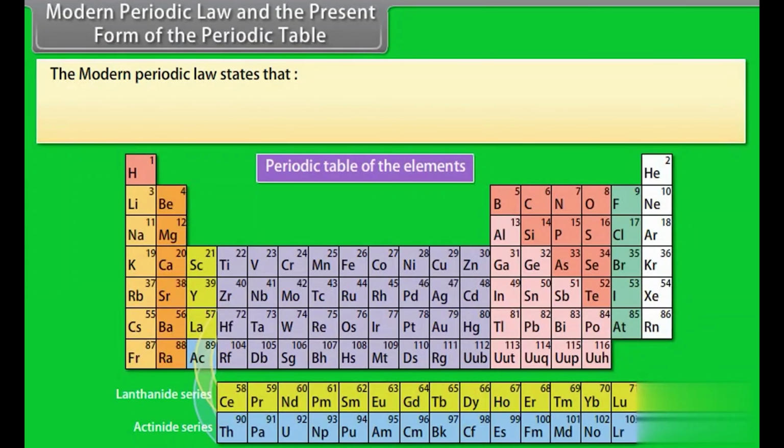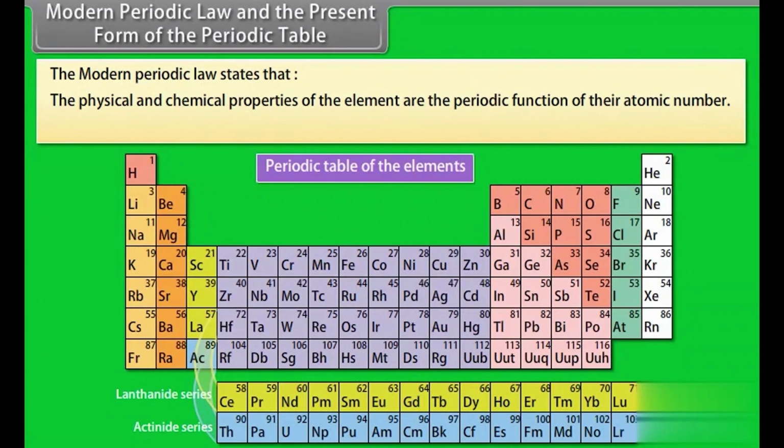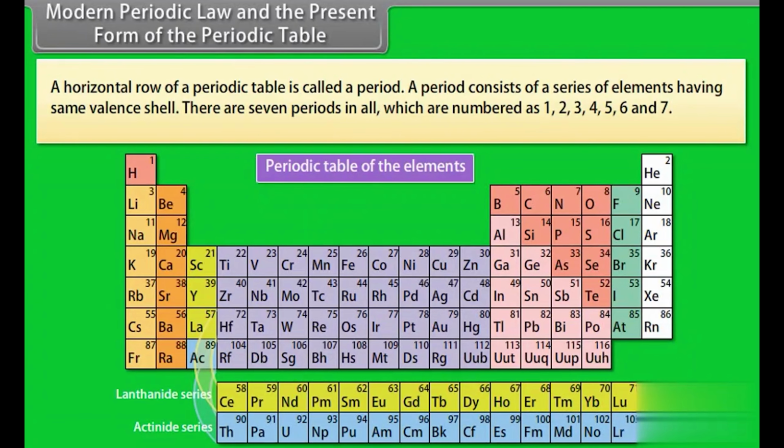The modern periodic law states that the physical and chemical properties of the elements are the periodic function of their atomic number. The present form of the periodic table is the long form. A horizontal row of the periodic table is called a period. A period consists of a series of elements having the same valence shell.